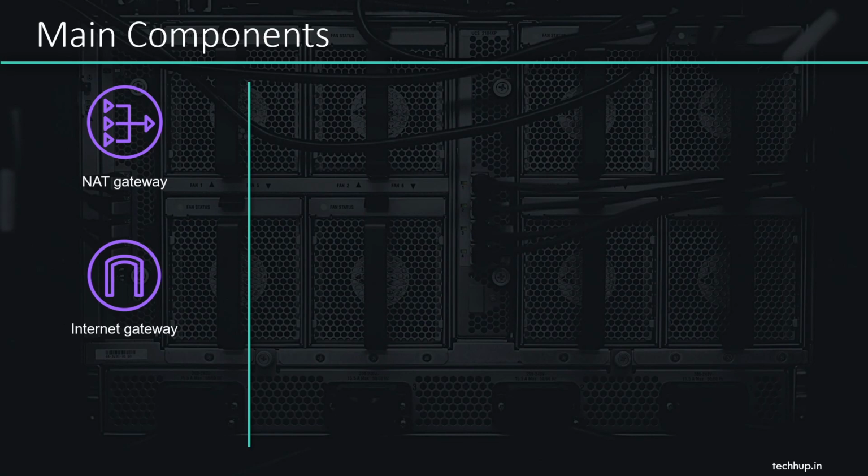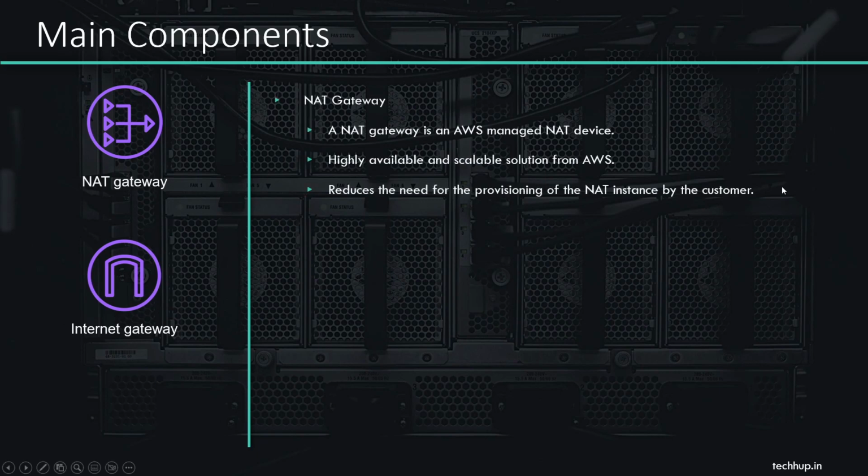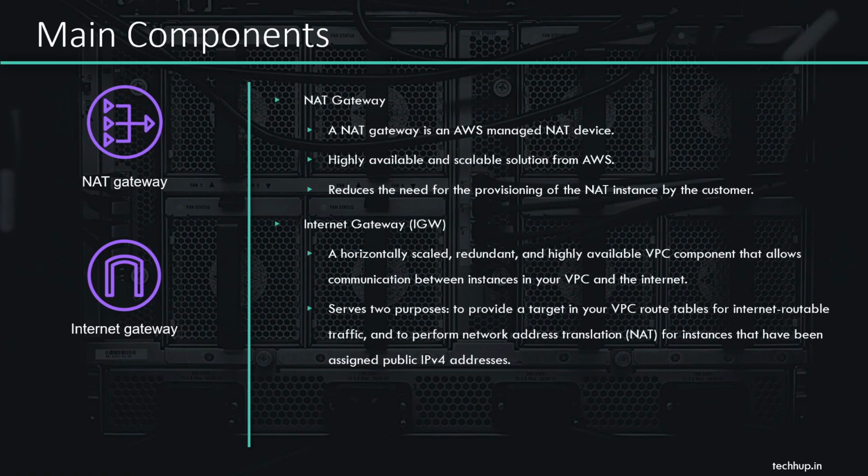So now the next component that we are discussing is the Internet Gateway. So it's again a fully managed service from AWS. So it is a highly available VPC component that allows communication between the resources in your VPC and the internet.